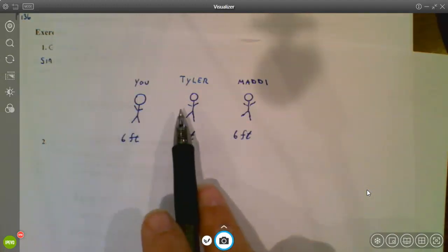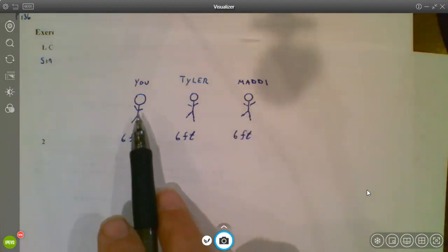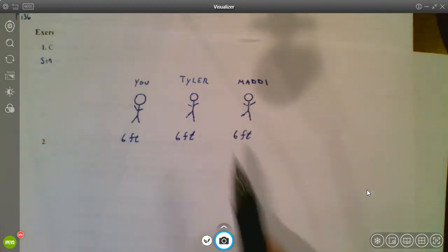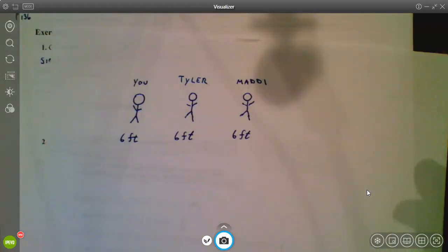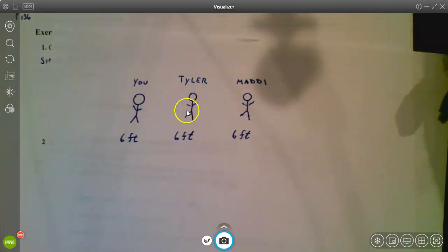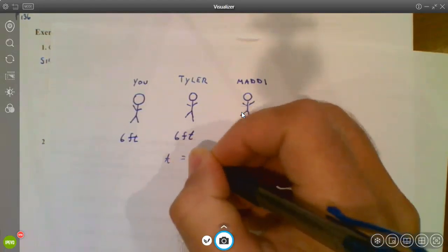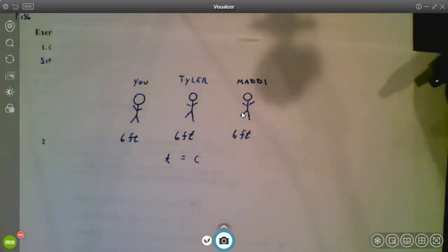Well, if you're as tall as Tyler, and Tyler's as tall as Maddie, your conclusion is that you are as tall as Maddie. And that's what we call the transitive property. So the transitive property says that if A equals B and B equals C, therefore our conclusion is that A would have to equal C. Right? And so that's the idea of the transitive property.